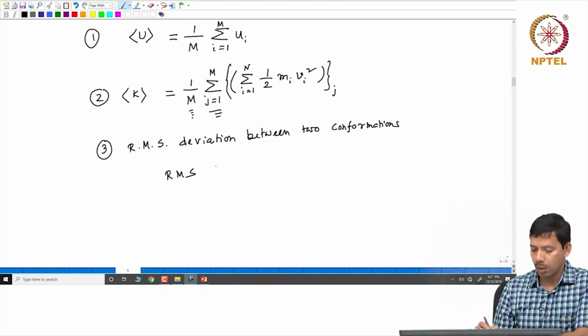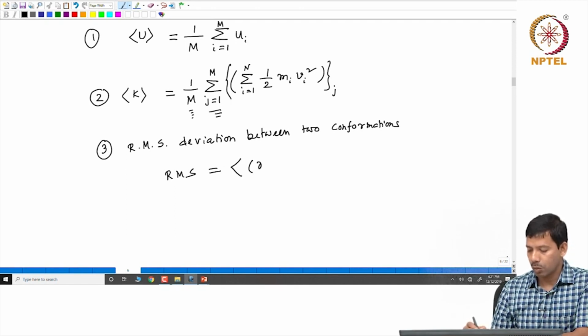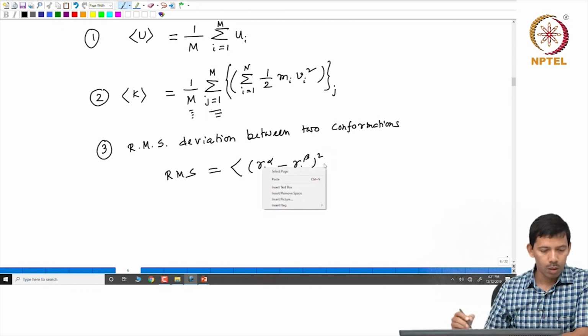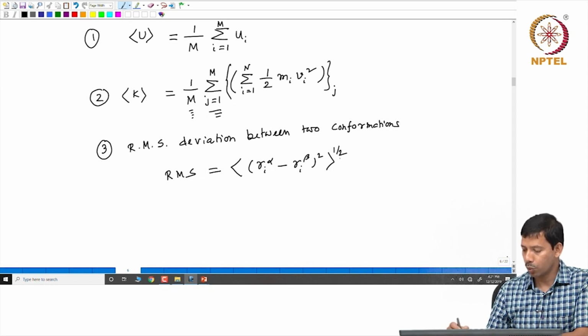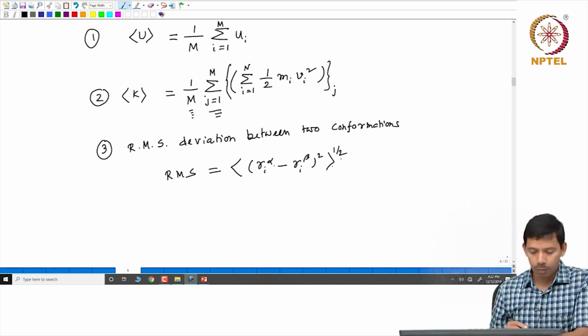RMS is taking the average. Alpha is my state and beta is my other state, and I want to get the root mean square deviation between the alpha state and the beta state. That is the RMS which I want to calculate.